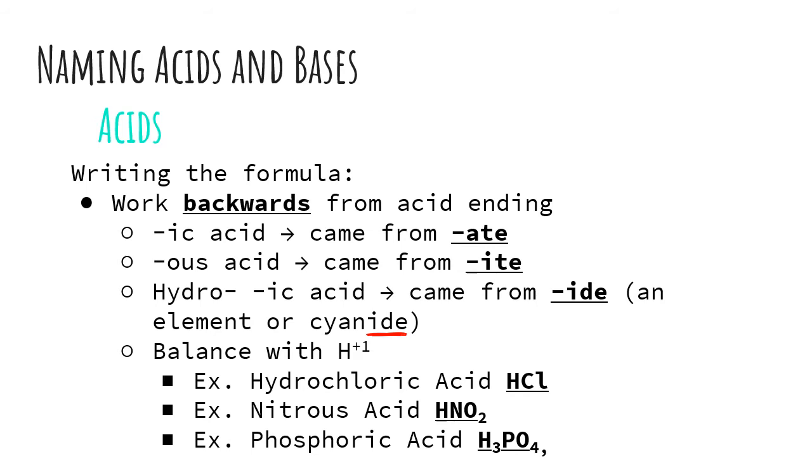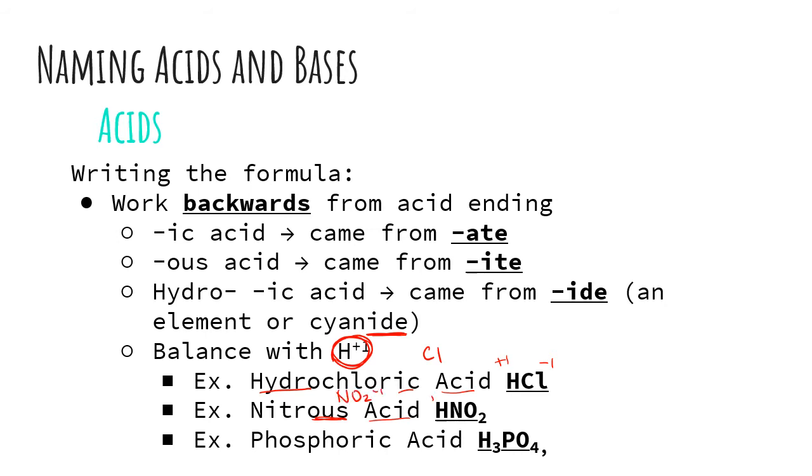The only other thing to remember is hydrogen is always a +1 charge, so whatever we're putting it with needs to balance with +1. So hydrochloric acid, the hydro-ic acid tells me it's hydrogen with chlorine. And hydrogen's +1, chlorine's -1, so HCl is balanced. Nitrous acid tells me that it's with NO2.